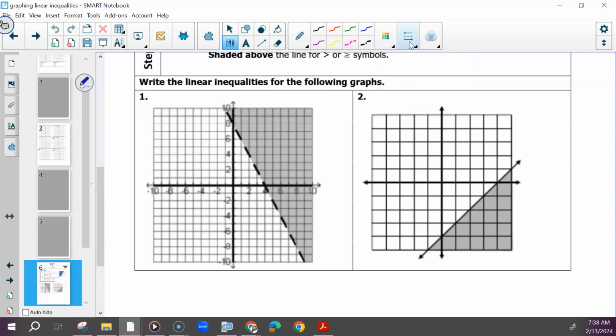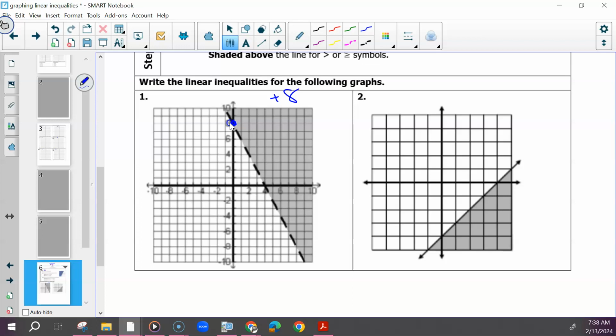So with number 1, let's find the slope and y-intercept. The y-intercept is easy if you can see where that is, at 8. The slope, we'd have to think of an ordered pair where the line would have gone through.